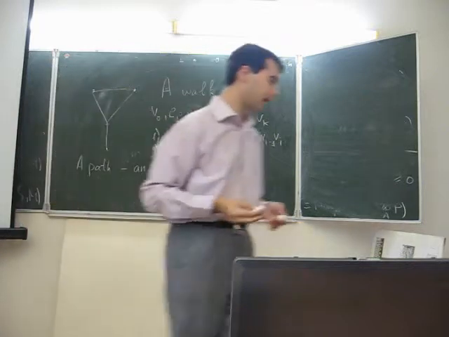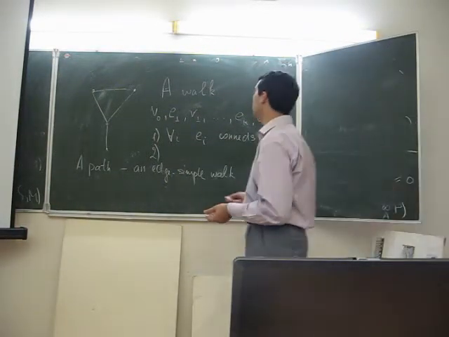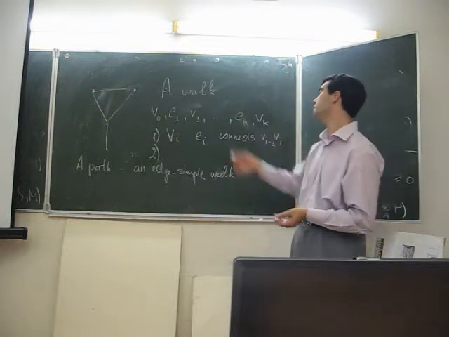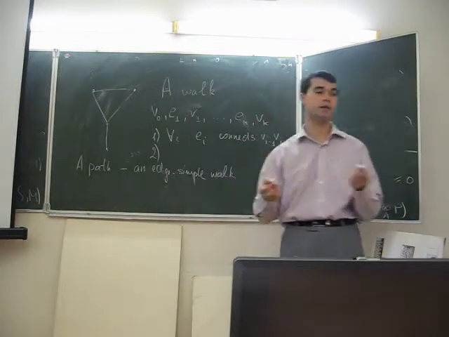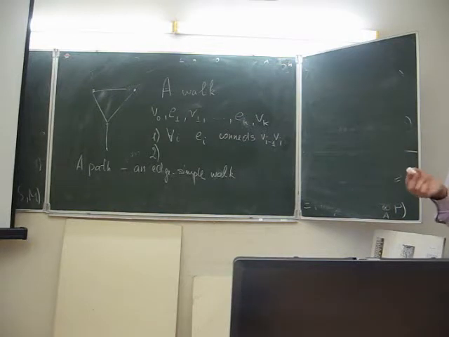Well, it's clear that the notions of reachability, if we take them with respect to walks or paths, are exactly the same. So if some node is reachable from another one by a walk, it is at the same time reachable by a path. You can always remove that cyclic part.